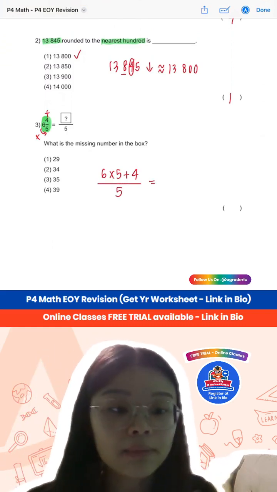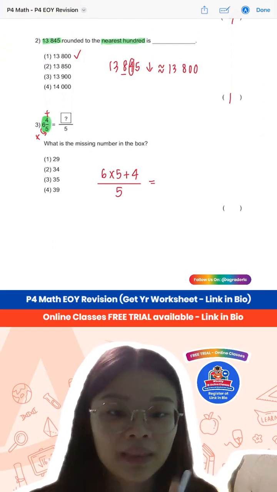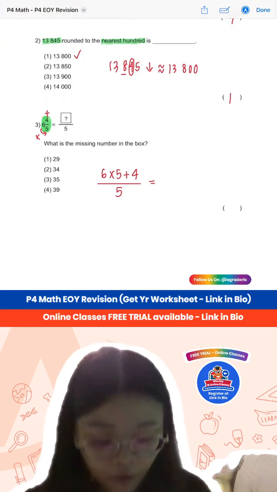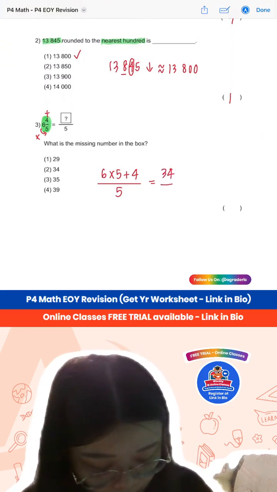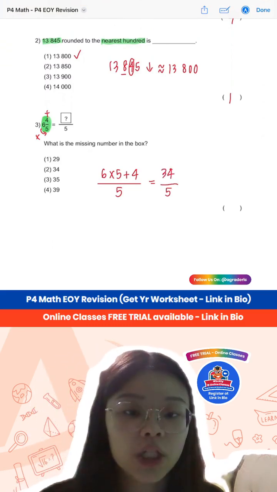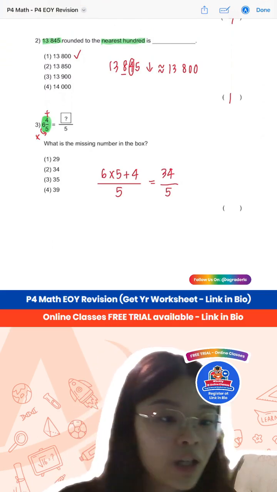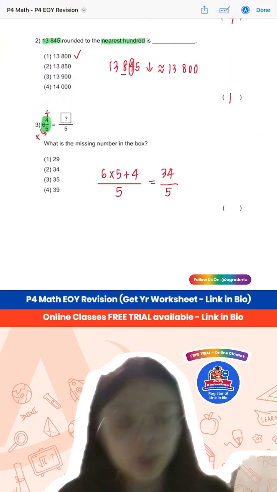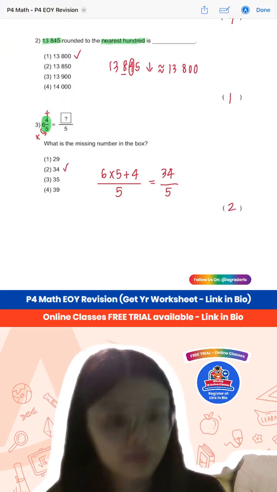So 6 times 5 is 30, and then with 30 we add 4, we get 34. So for this question, the answer is option 2. I see most of you put option 2. Good.